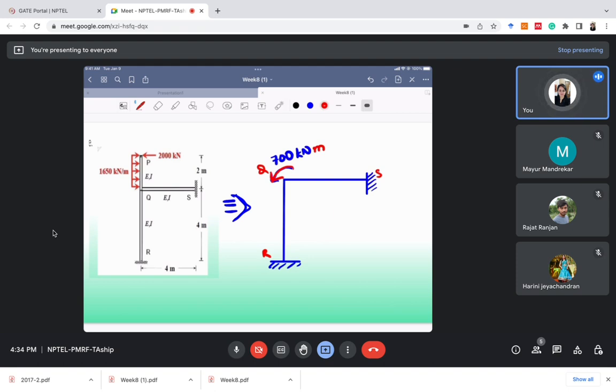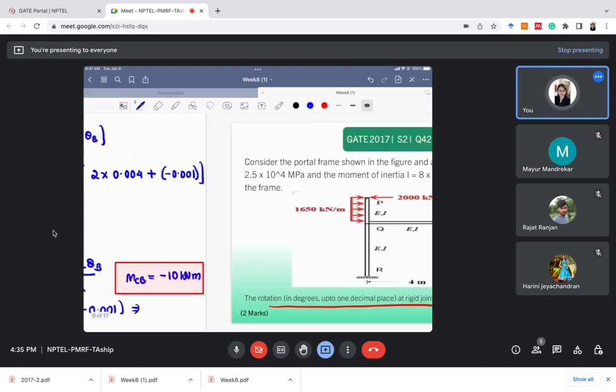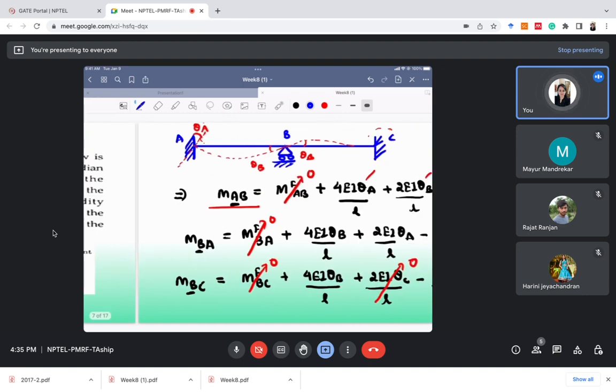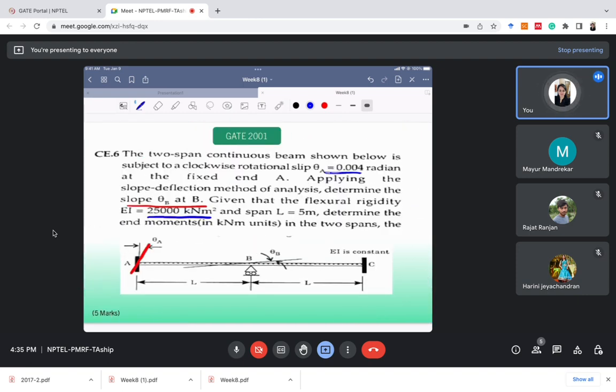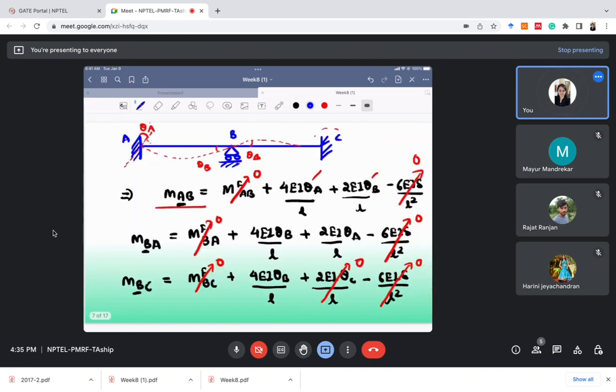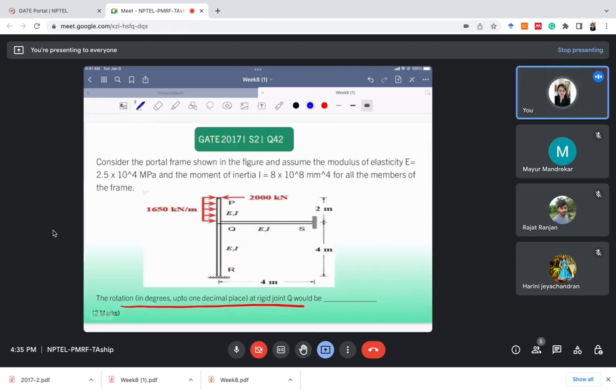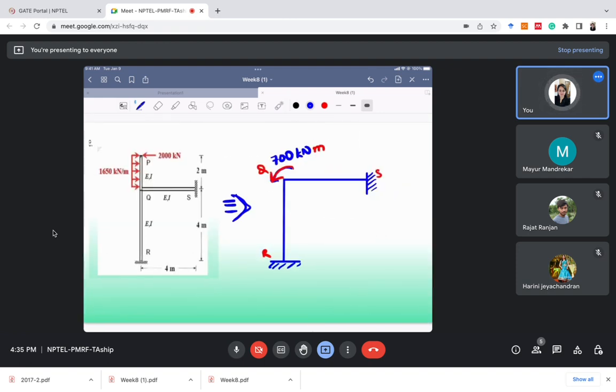But finally what we will do, we will apply the equilibrium equation. So equilibrium equation will be the total moment at Q. Earlier in the previous question, the total moment at B was 0, no external load applied at B. But here the total moment at Q is minus 700 kilonewton meter.